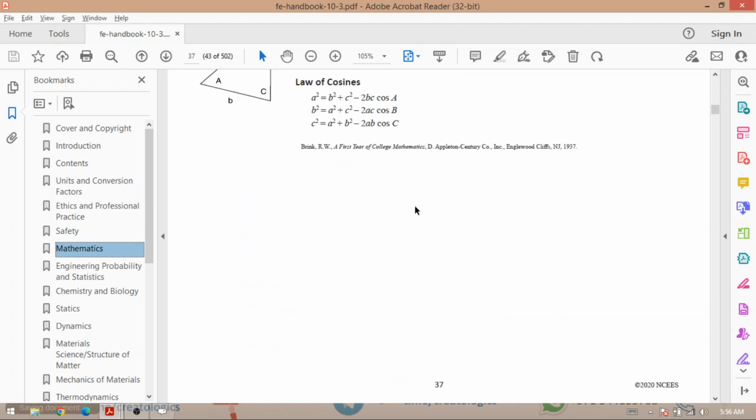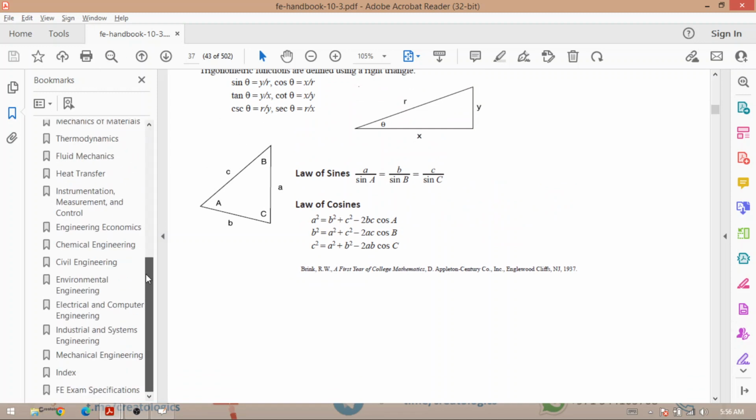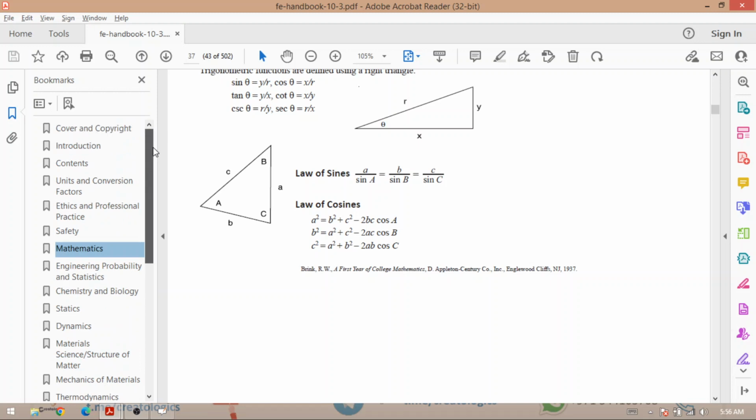Everything is available, right? So you just have to click on the corresponding bookmark here and you can see the formulas related to that. Okay, so it's really the best thing, and you are allowed to bring a calculator.